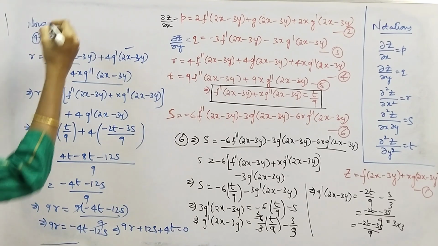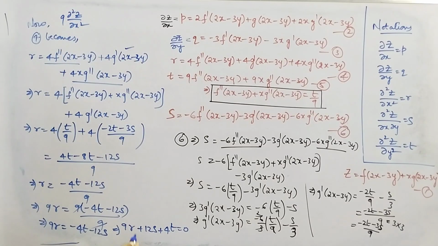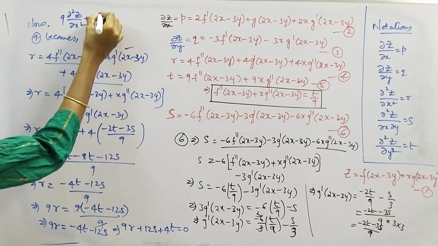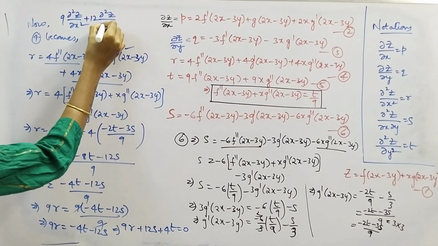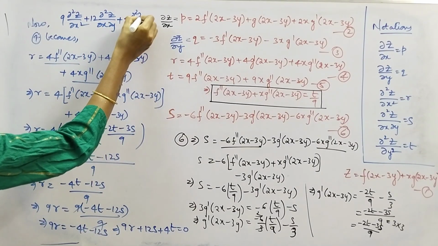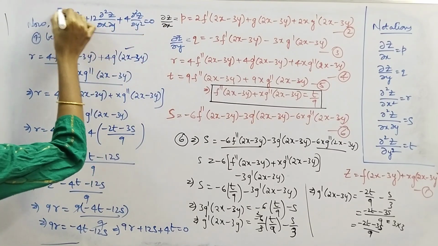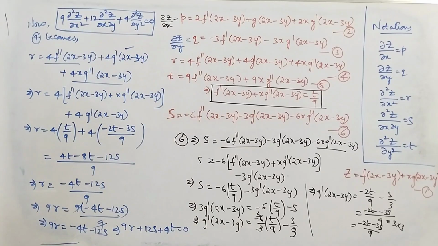Or you can write this as 9 times r, which is nothing but dou square z by dou x square, plus 12 into s, which is nothing but dou square z by dou x dou y, plus t, which is nothing but dou square z by dou y square, equal to 0, which is the required partial differential equation.